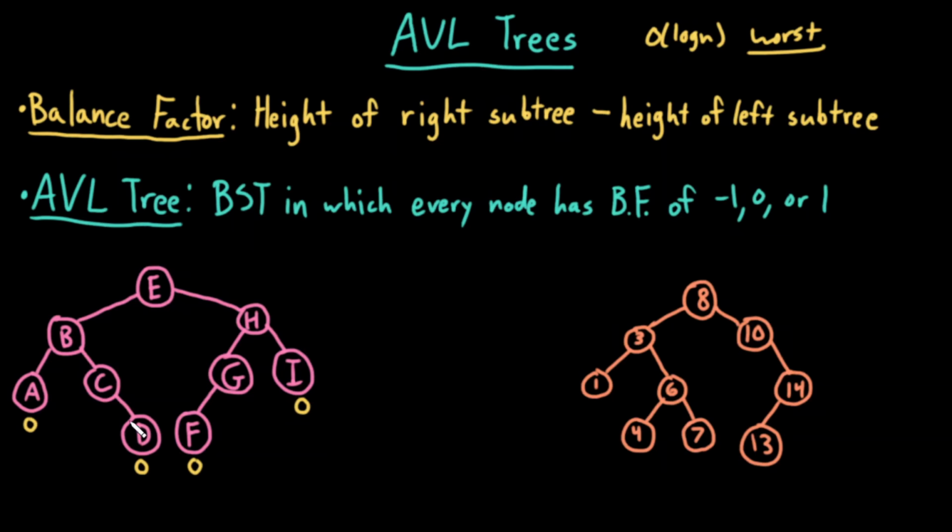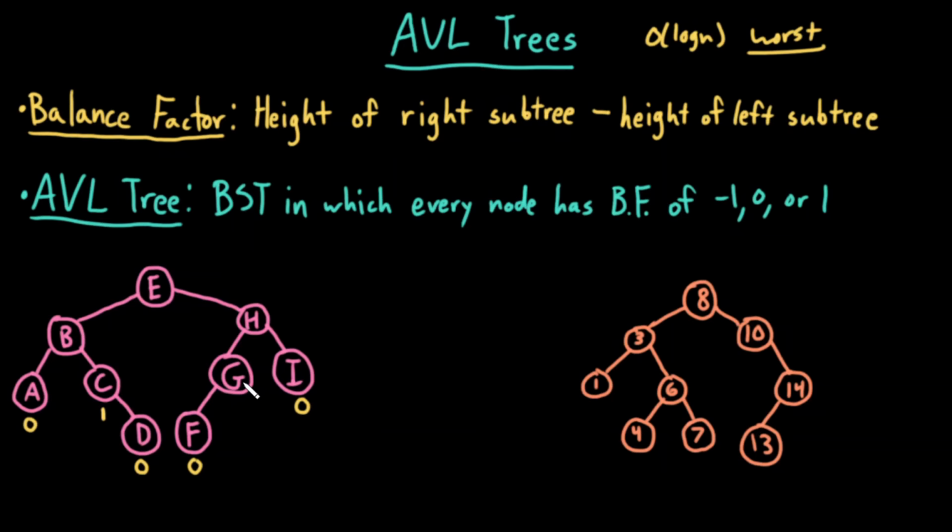So now let's go up. This node has a height of 0 on the left, and it has a height of 1 on the right. So its balance factor is 1 minus 0, which is 1. This node has a height of 0 on its right and a height of 1 on its left.